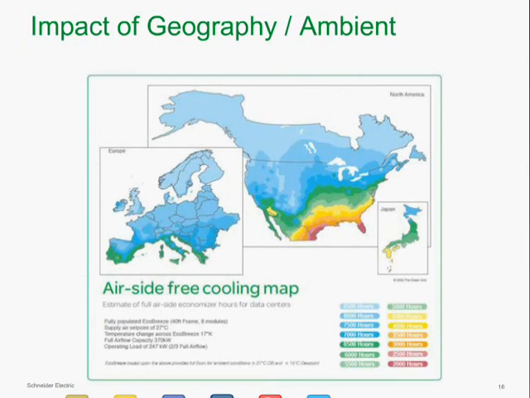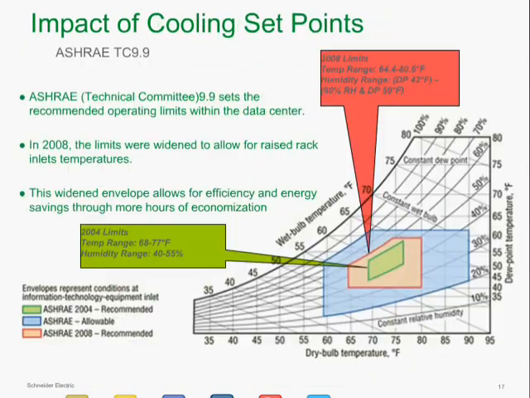If I look more specifically at the impact of the ASHRAE TC99 committee and the guidelines that they published, look at the green box on this slide. This is a psychrometric chart, for those of you that aren't mechanical engineers by degree or practice.